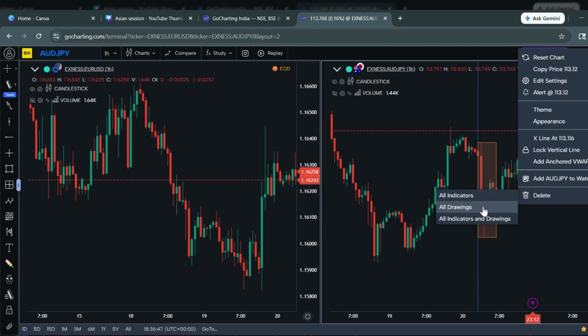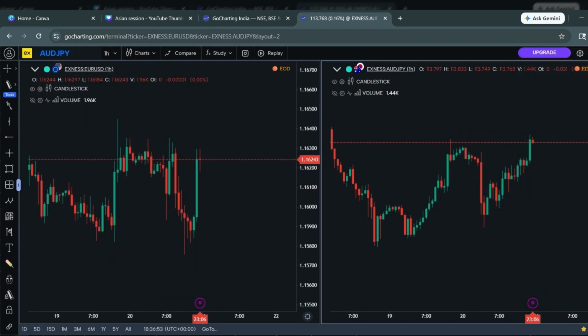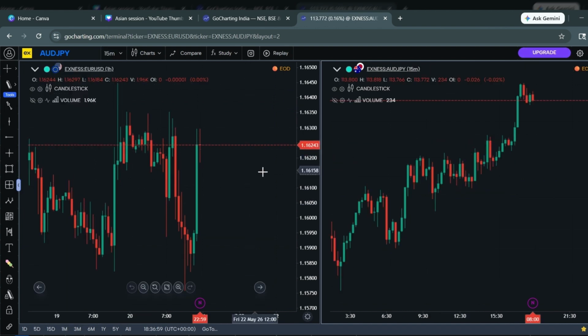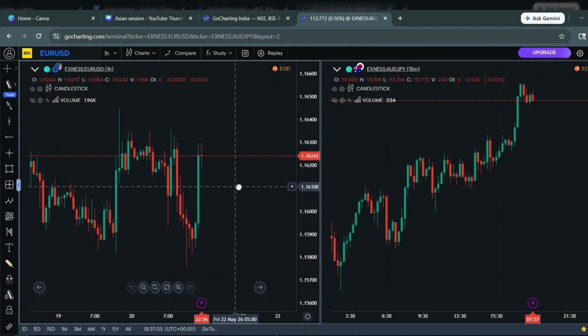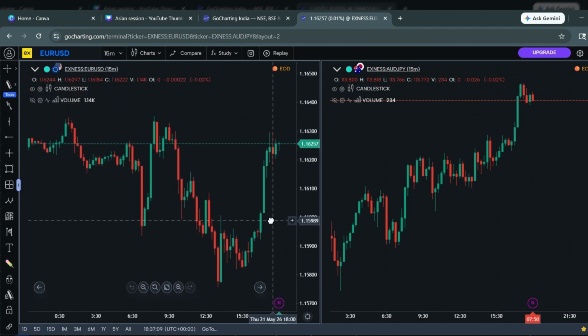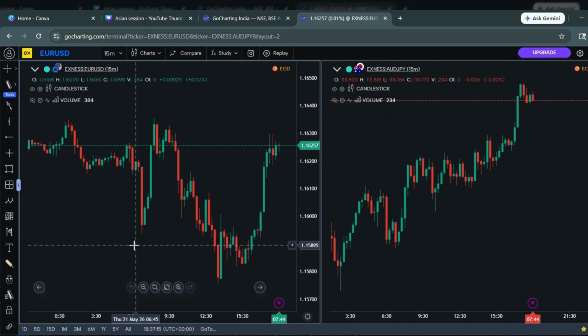Let's clear everything. First, switch to 15-minute chart. Now, as I told you earlier, Asian session opens at 0 GMT and closes at 6:30 GMT. Here, no need to add any session indicator because we only need Asian session to mark the consolidation or range.